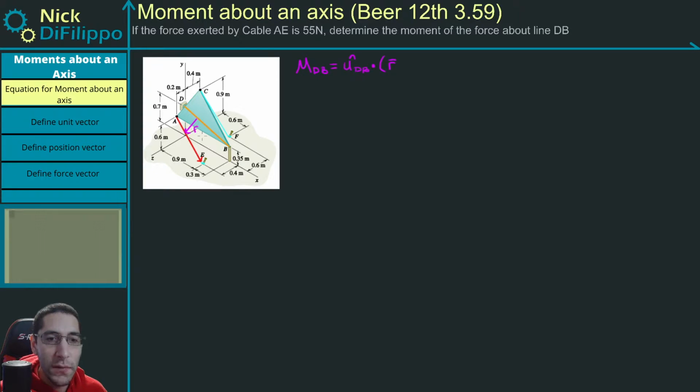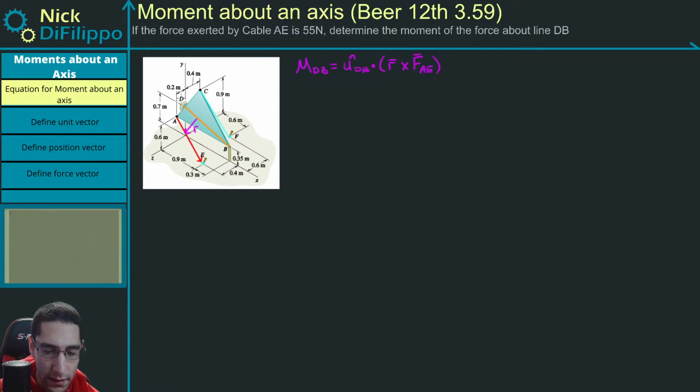So this is going to be the position vector r. And then r is going to be crossed with a force, and our force is along this AE rope. Now we're going to define this r better when we get to it, but just know it can go from any point on the axis to any point along our force.